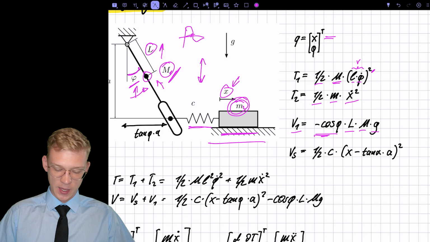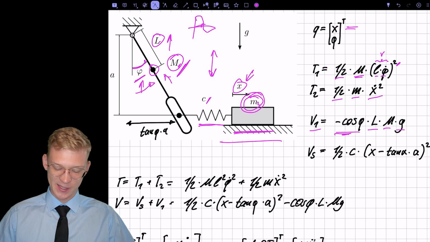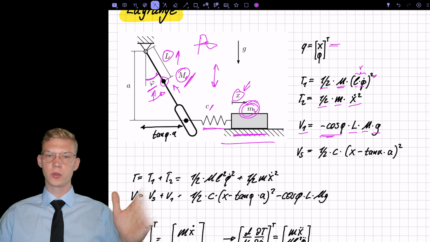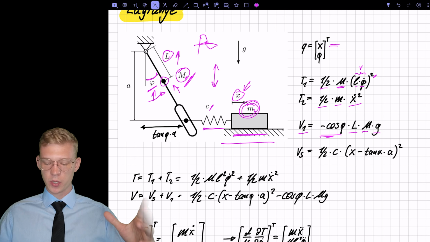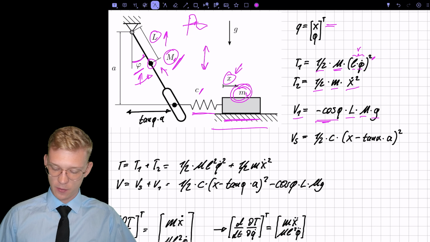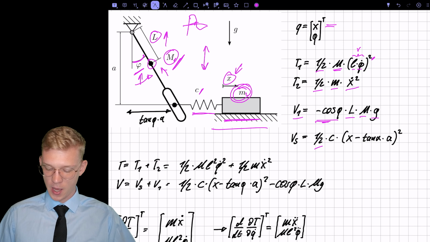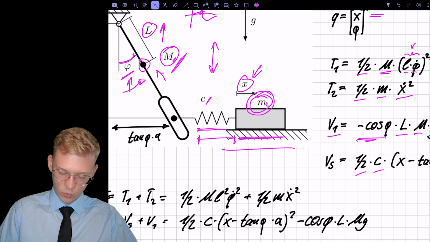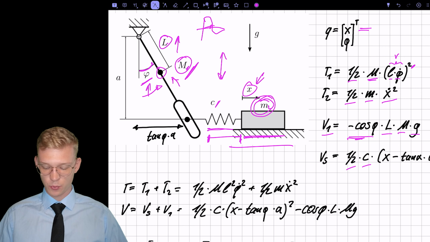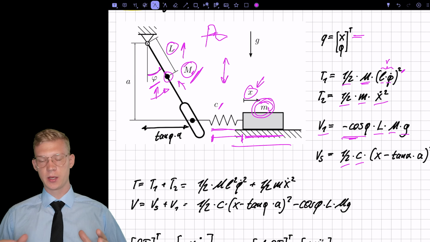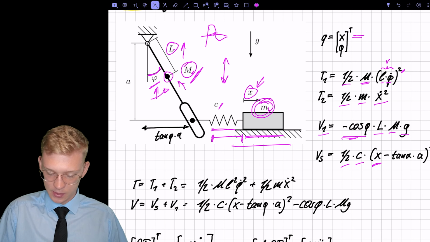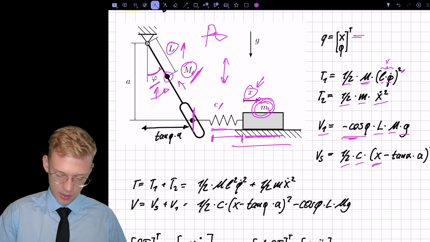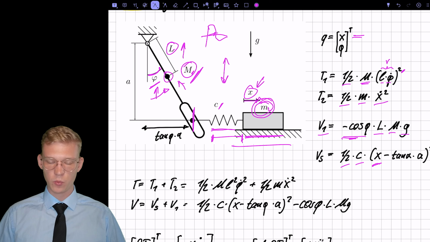That's why we have the minus, to account for that and actually increase the potential if the angle increases. And of course, we can't forget our spring C. If we stretch the spring, we add more potential. If we let the spring contract, we remove potential. So then we have the potential energy: 1.5 times C times the length that we stretch the spring itself. One part is, of course, the distance x we move mass 2. Let's imagine that this point is fixed and we only move mass 2.